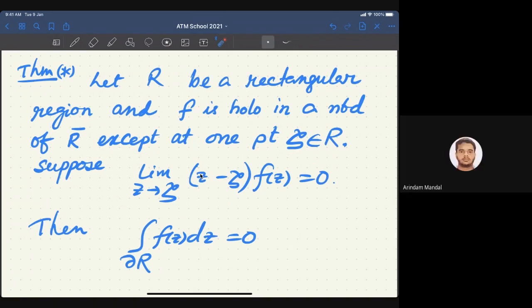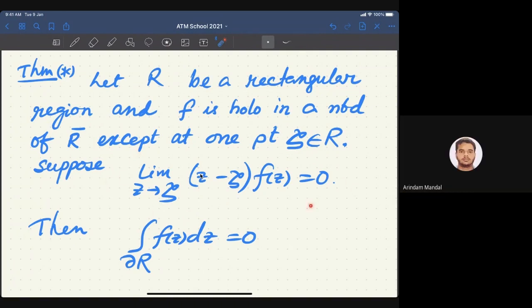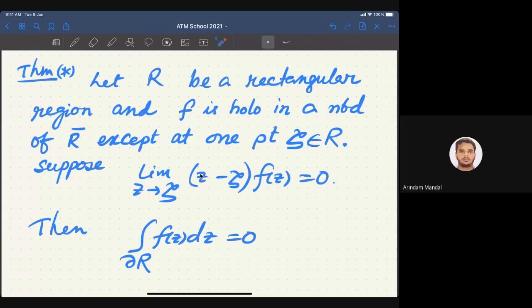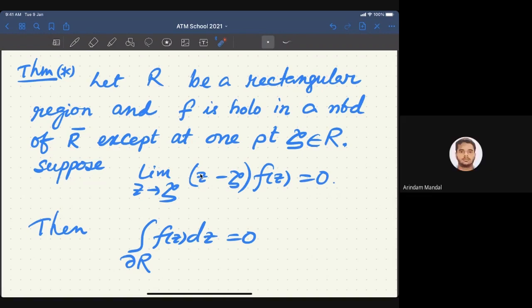Sir, is there any specialty to take that limit to be 0? Yes. Later when you see singularities, this limit will say that it is a removable singularity. So using removable singularity, I think this is obvious, right? We should have one analytic function which is the same as f(z) except at the point z0, and the integral for that function will be 0 by the previous theorem.